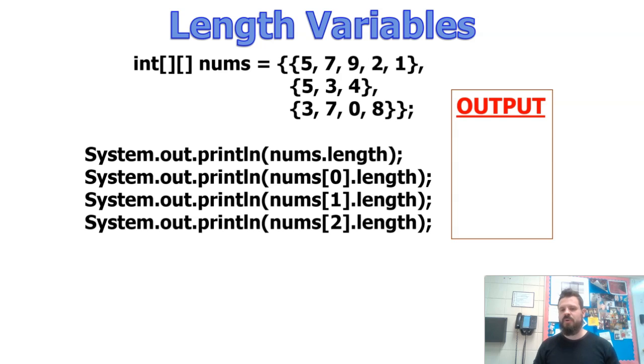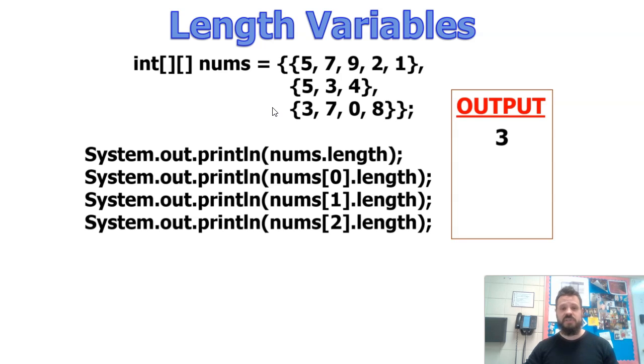And those length variables are going to work the same way if I instantiate my 2D array using a list of lists. So for example, if I have nums equal to this jagged 2D array here, and I run nums.length, that's going to give me the number of individual 1D arrays, or the number of rows, which in this case is 3, for the 3 arrays that make up this 2D array.